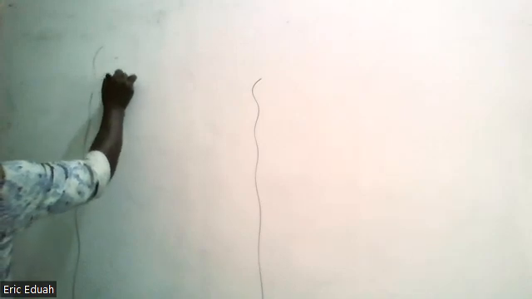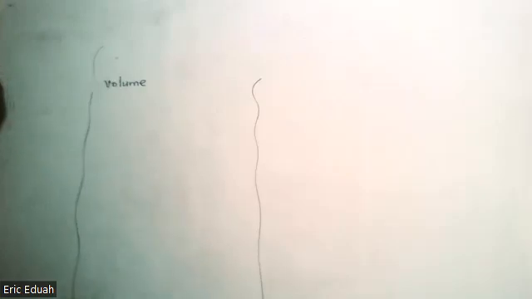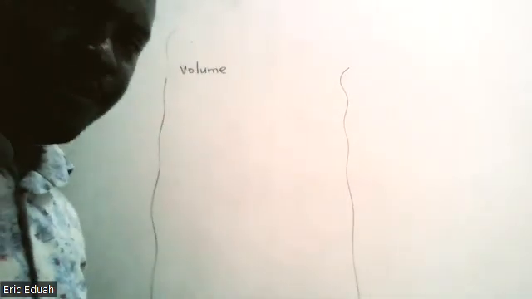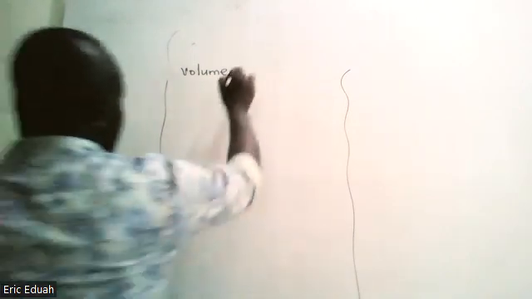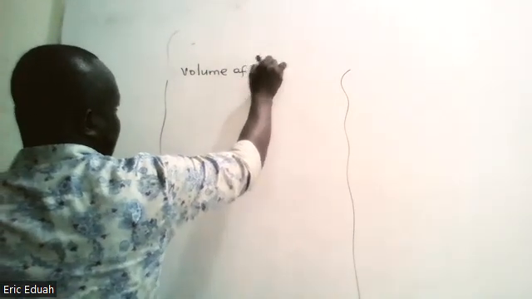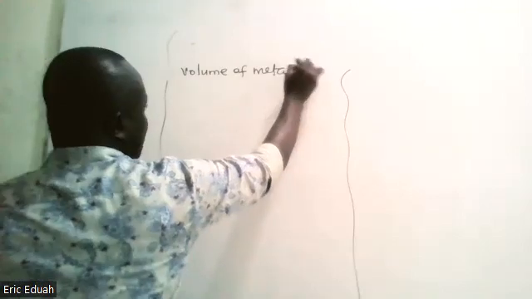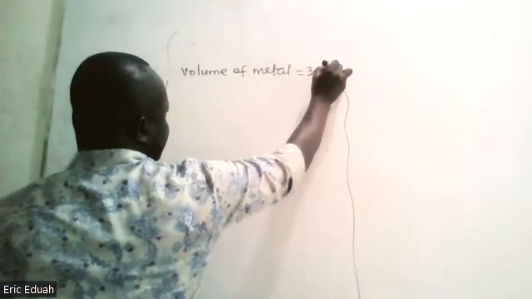All right. So the volume of a piece of metal is 30 cm cubed. So we are told that the volume of the metal, let me reposition my screen, okay? So volume of metal is equal to 30 cm3.